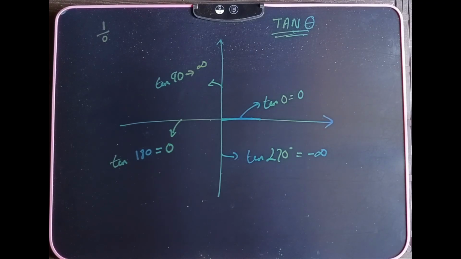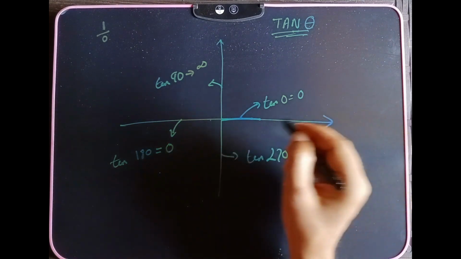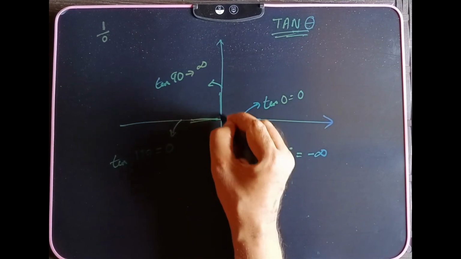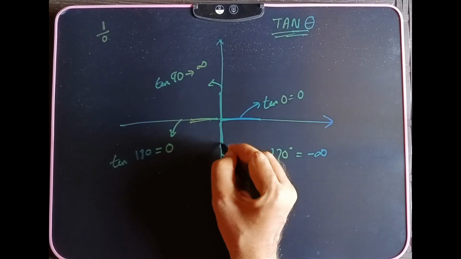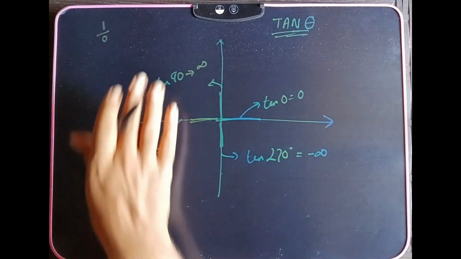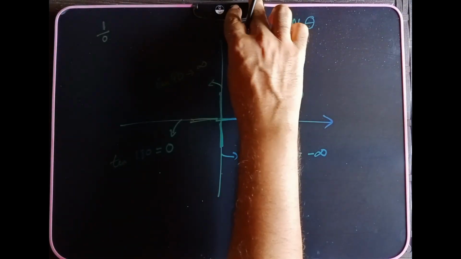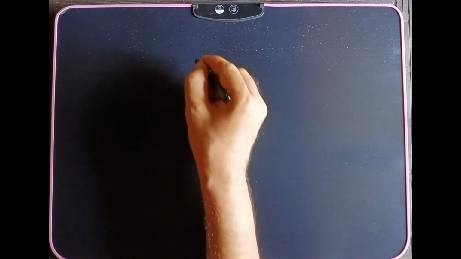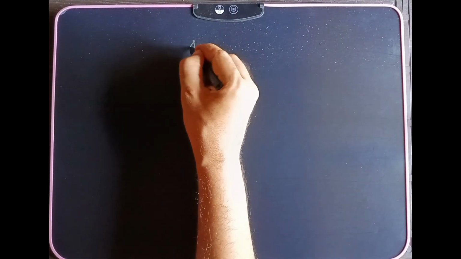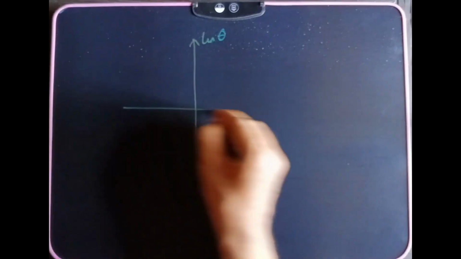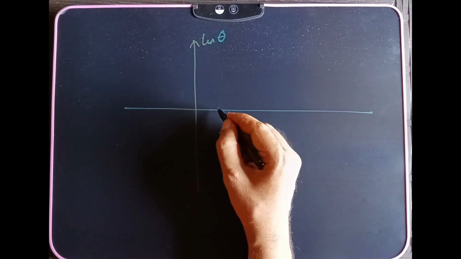The tan graph is going to be slightly tricky. We're going to draw a very indicative drawing. It's not the usual wavy kind of graph. I'll draw it on the next clean slate. So here I have a clean slate. I draw tan of theta here, and I take the usual cycles.